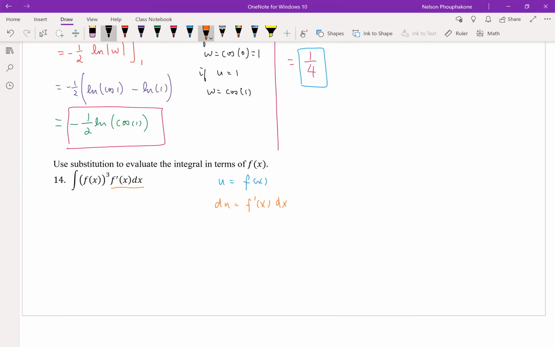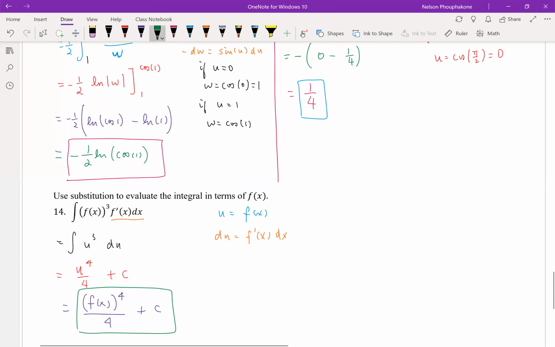So then I will have u to the power 3 du. Then of course it will be u to the 4 over 4 plus c. Then the answer will be f of x raised to the power 4 over 4 plus c. This is my answer right here.